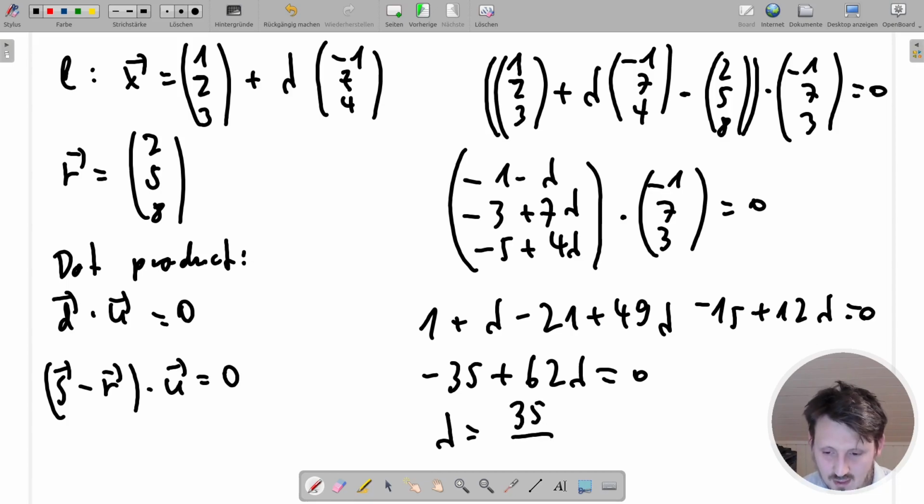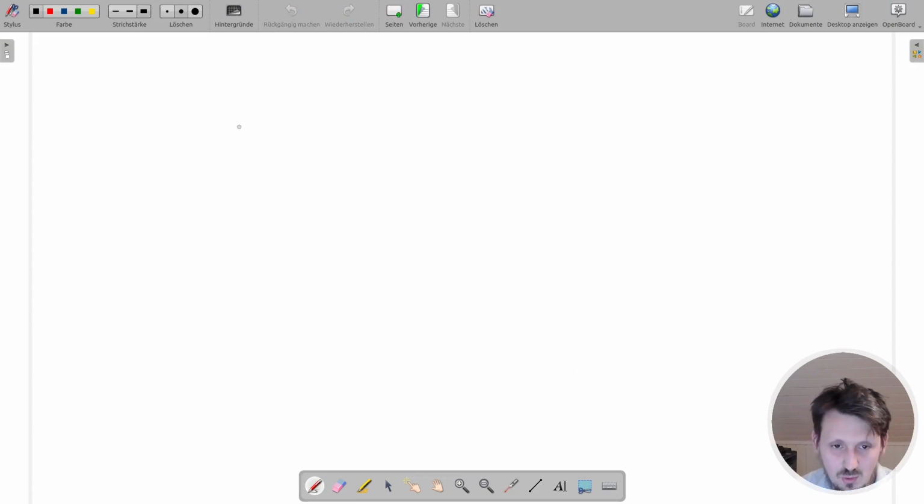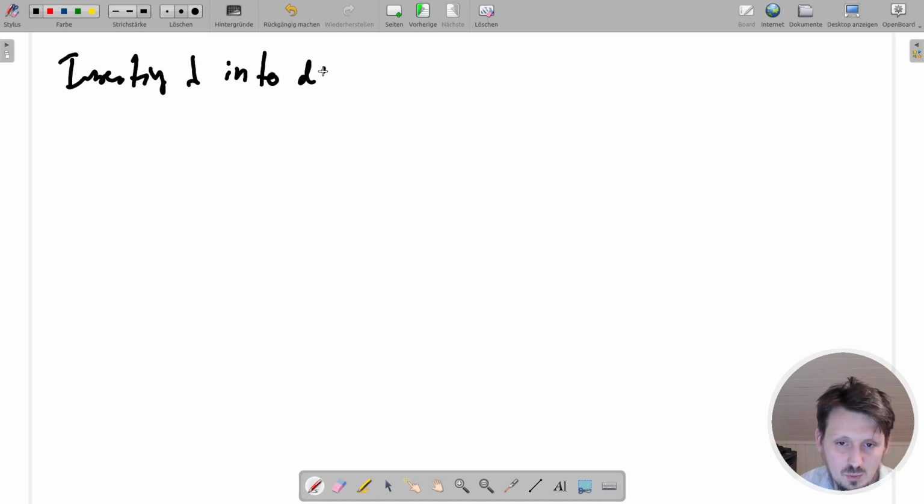Then of course the last step is to solve that for lambda, and this gives 35 over 62. This is our lambda parameter, and then we almost have it. The next thing we have to do is insert lambda into our vector D, as I said before.